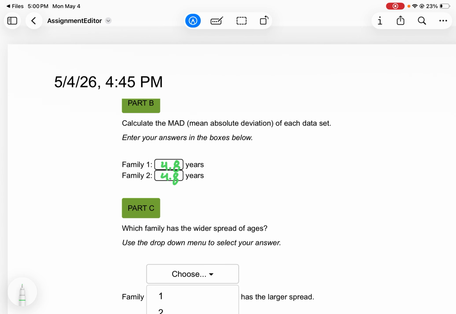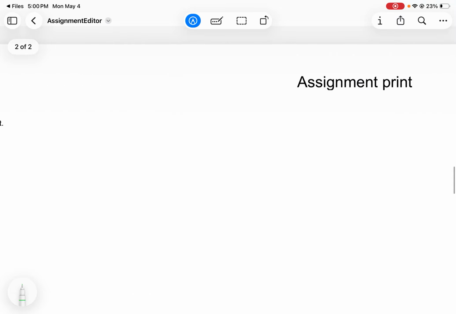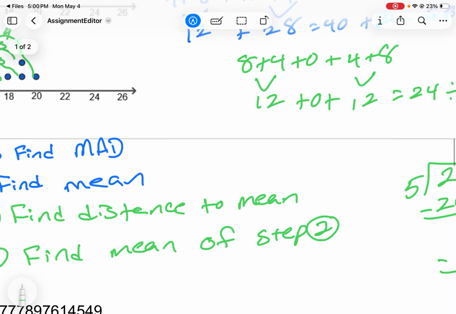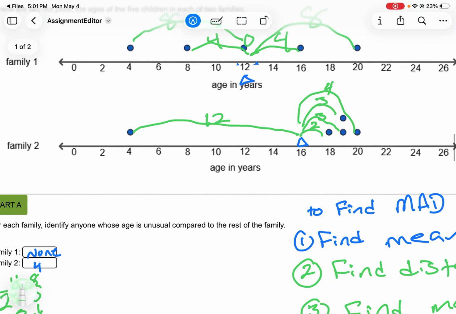One second, because I feel like I've done something wrong. So let me check something real quick. Okay, yes, I definitely feel like I've done something wrong here, because this is not what the answer key says.